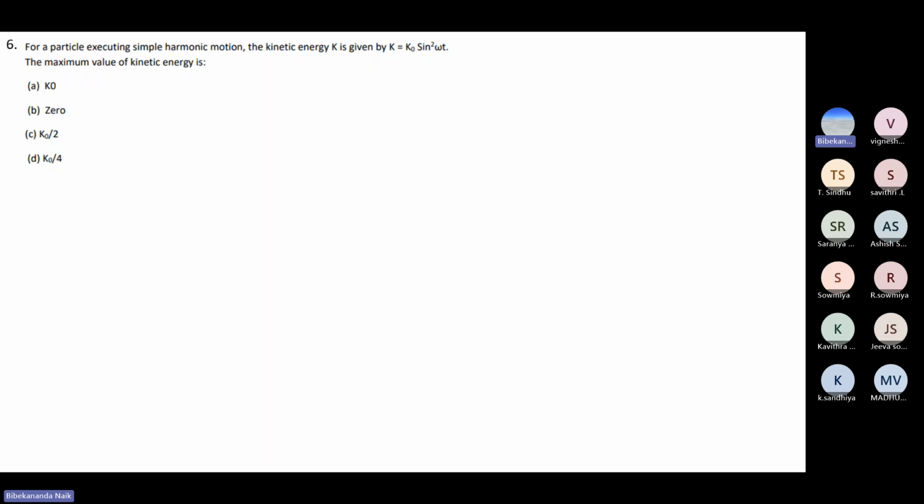Now the question says, for a particle executing simple harmonic motion, the kinetic energy K is given by K equals K0 sin square omega t.